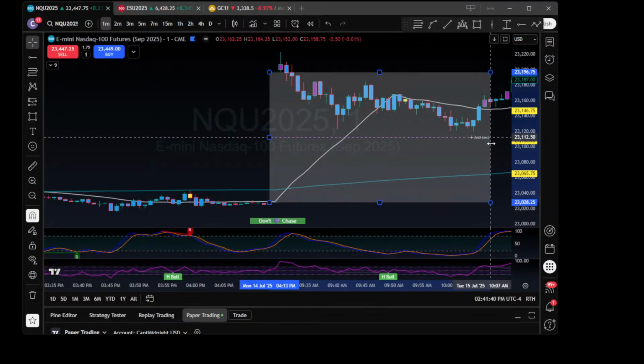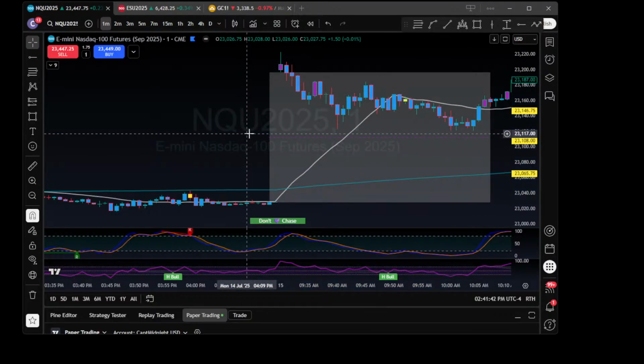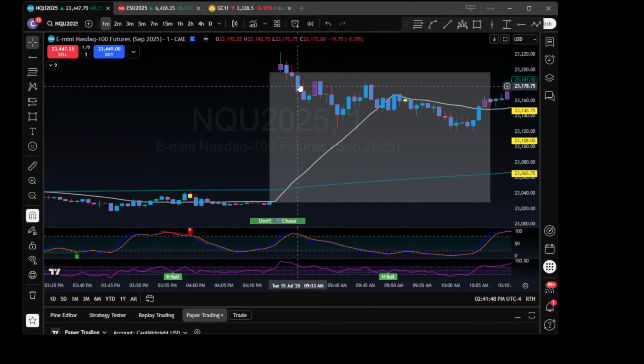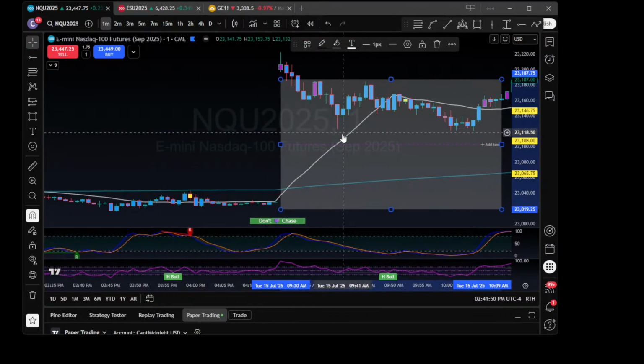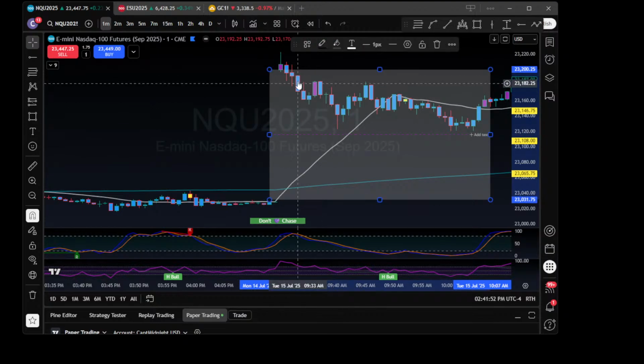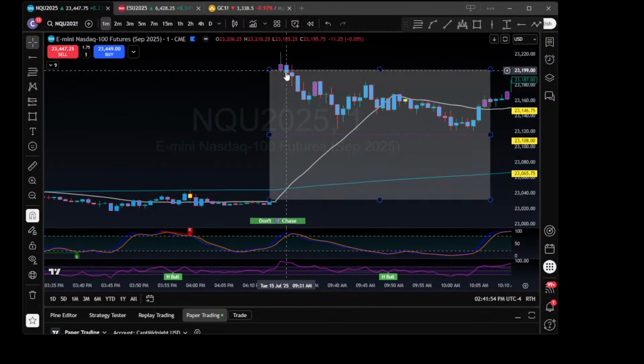If it's leaving gaps this big, I'm more leaning towards don't take it, right? It already came almost back to 50% here. No gaps whatsoever. Oops, didn't mean to drag that. No gaps whatsoever. And just grind, grind, grind all the way here.